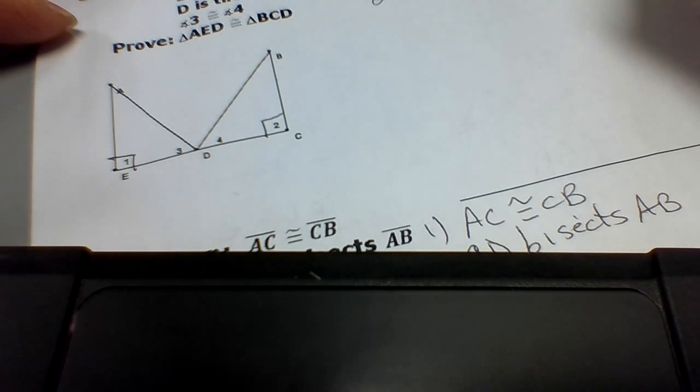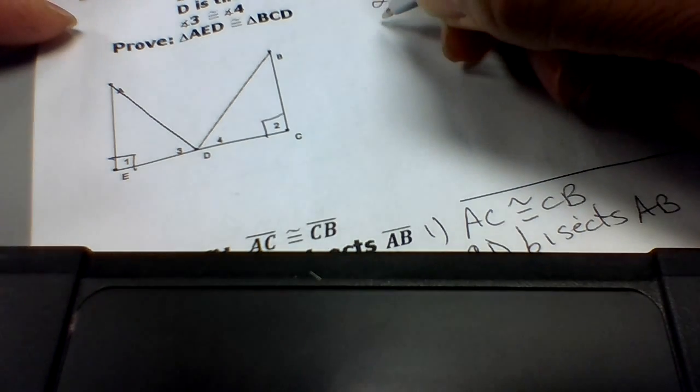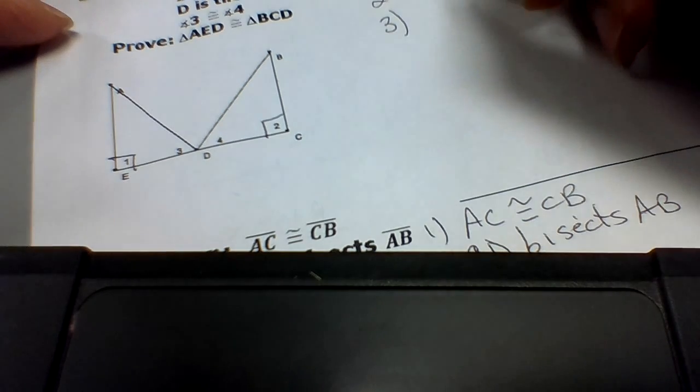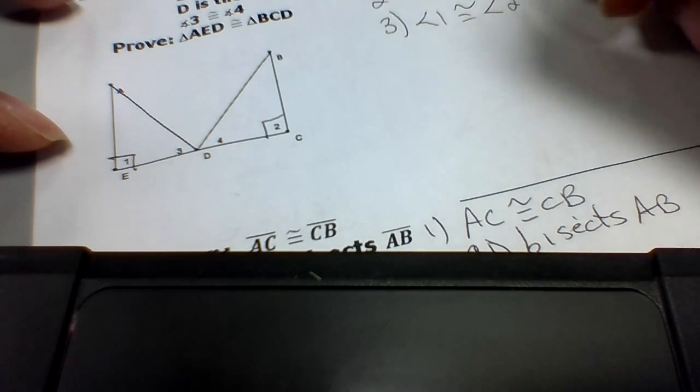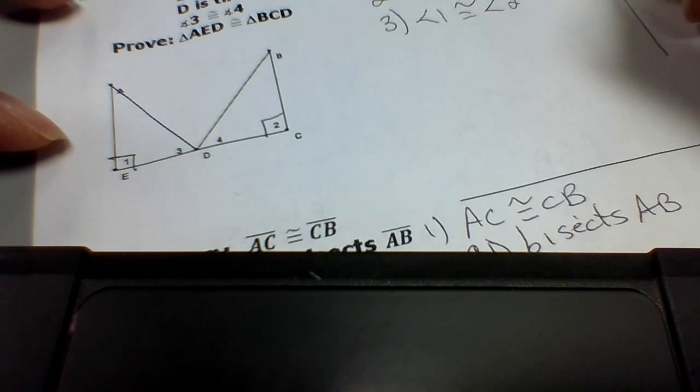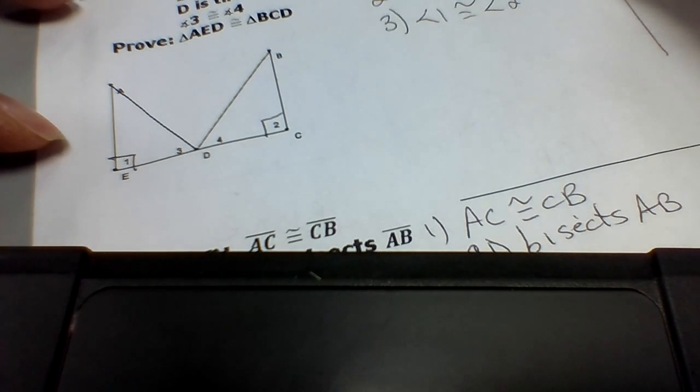And the reason I can say that is because of definition of perpendicular lines. And at the same time, because they're right angles, I can say angle 1 is congruent to angle 2 because right angles are congruent.